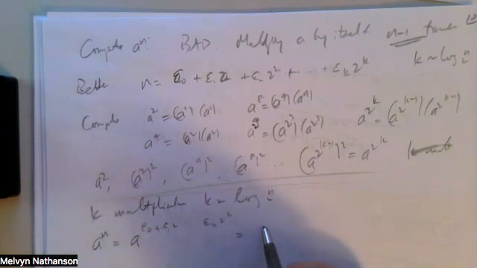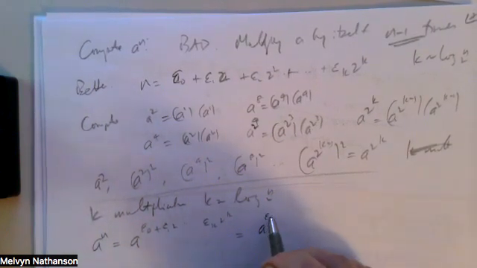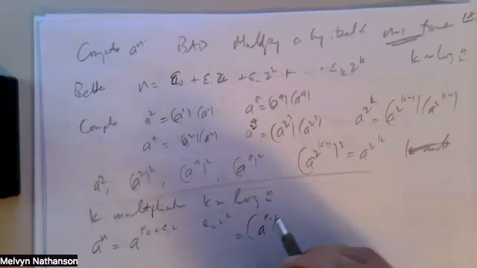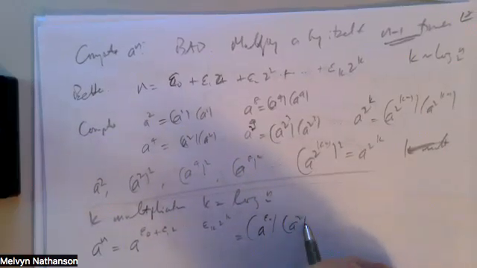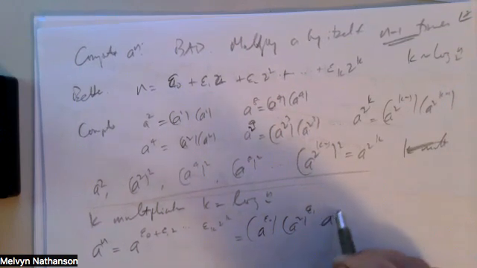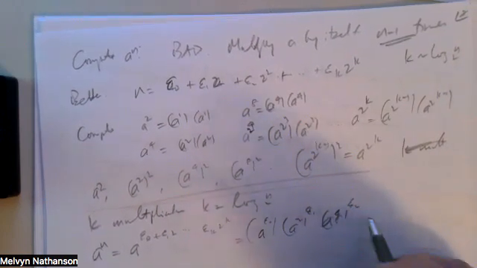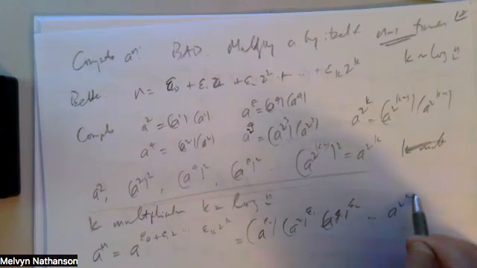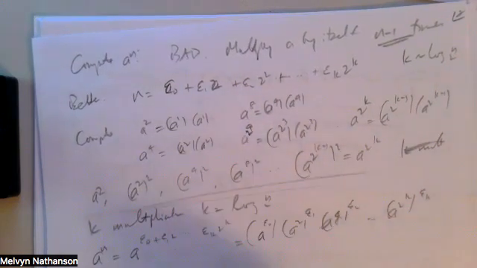This is equal to a to the epsilon 0, that's either 0 or a squared to the epsilon 1, a to the fourth to the epsilon 2, up to a to the 2 to the k to the epsilon sub k.